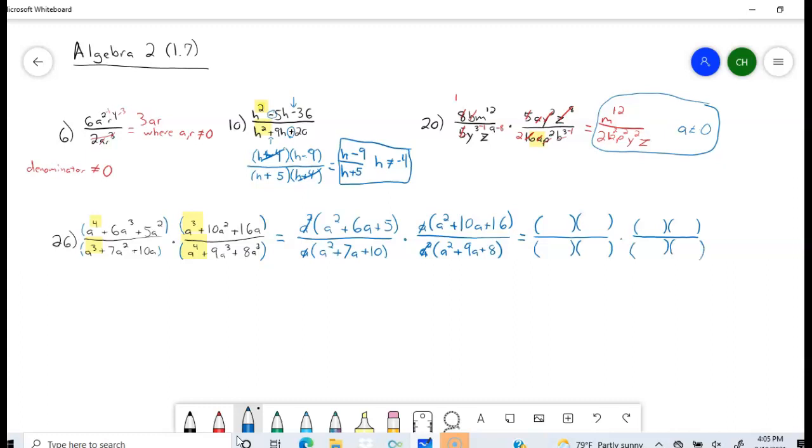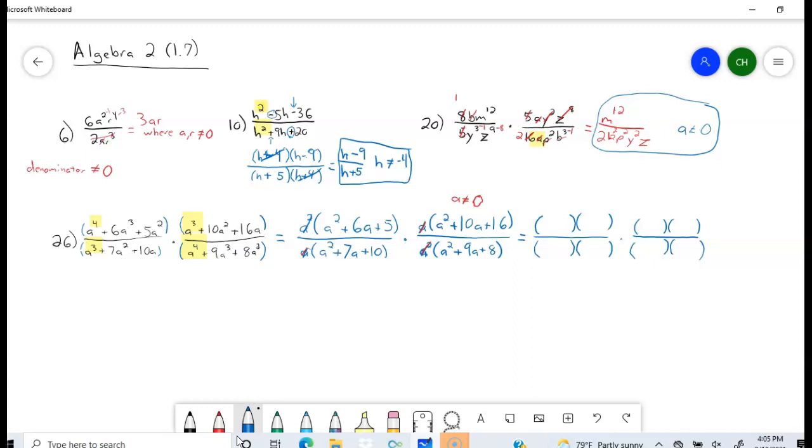On this step I just did, because I canceled a on the bottom, I know a cannot be equal to 0. I need to keep up with that as I go so I don't forget it.